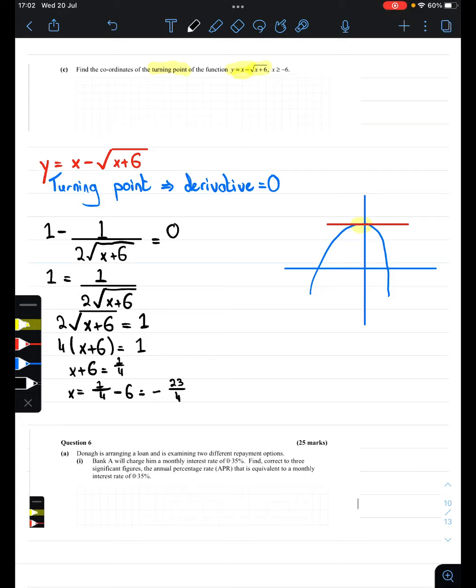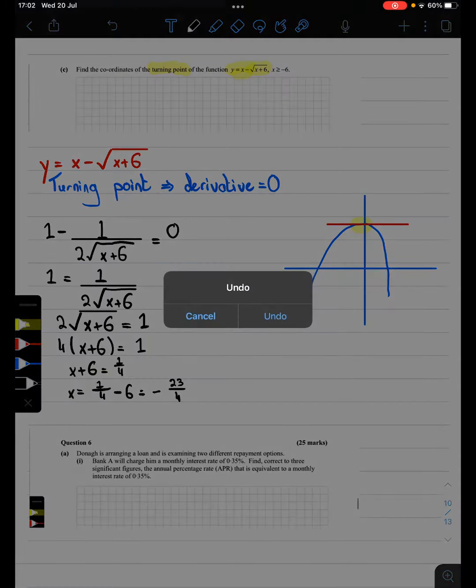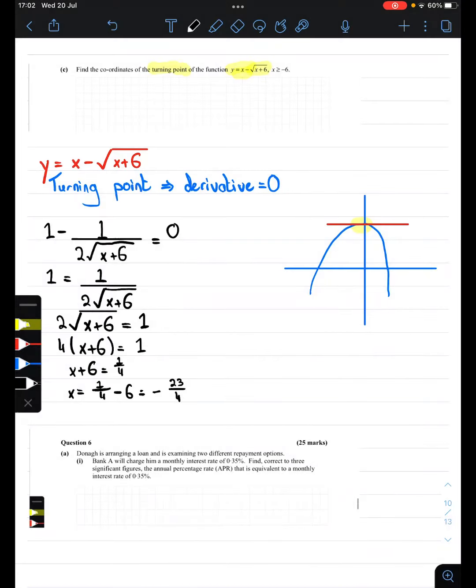Okay. So when the function turns, x is minus 23 over 4. So if x is minus 23 over 4, what is y? Well, we can just plug minus 23 over 4 into our function to find y.